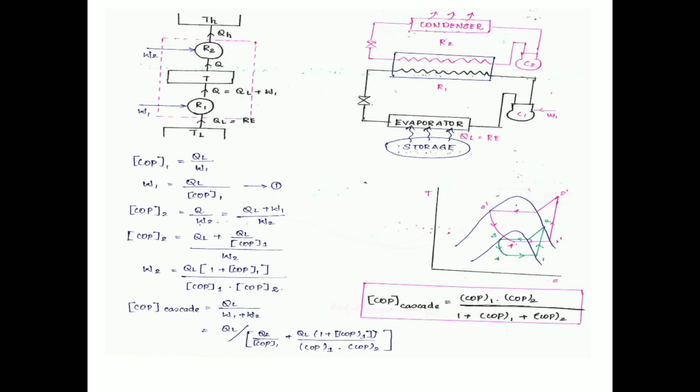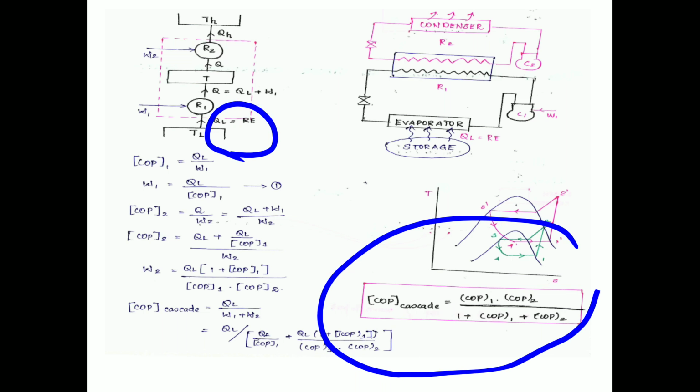So the COP of cascade is ultimately QL divided by the total work input, that is W1 plus W2. We already know the values of W1 and W2, and if you work on that, you will end up with the COP of the cascade system, which is equal to COP of 1 multiplied by COP of 2 divided by (1 plus COP of 1 plus COP of 2).